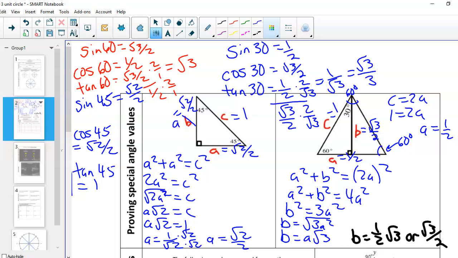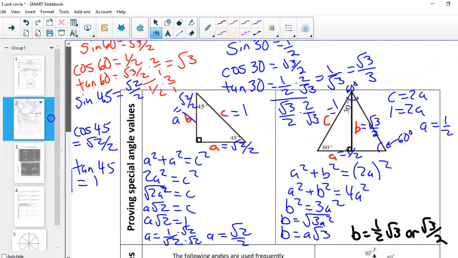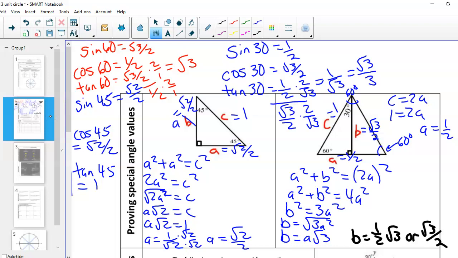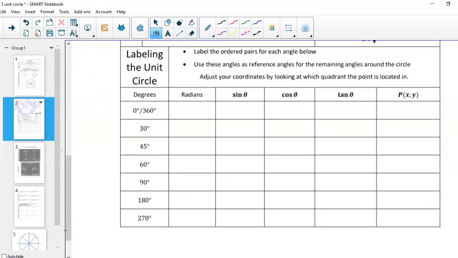So below there's a table. The tangent of 60 is the square root of 3. So all of the numbers we just figured out, fill out that table. We did 30, 45, 60 for sine, cosine, and tangent. Just fill out those.